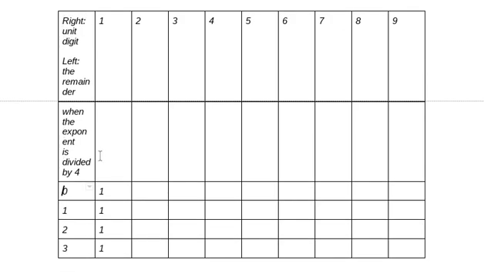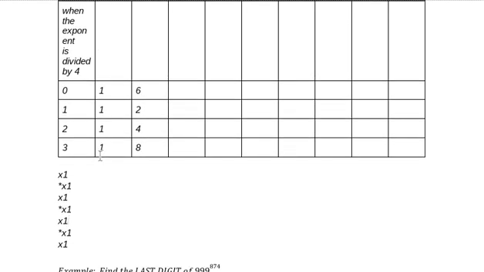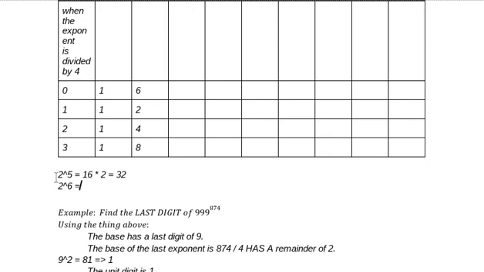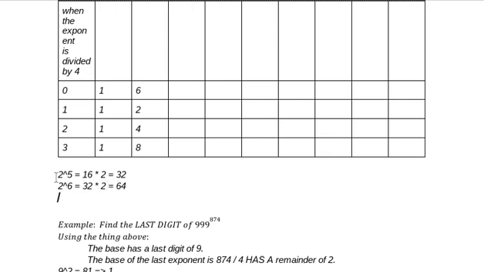And then for the exponent, we can talk about 2. 2 to the power of 1 is 2. 2 to the power of 2 is 4. 2 to the power of 3 is 8. 2 to the power of 4 is 16. 2 to the power of 5 is equal to 16 times 2, right? 32. 2 to the power of 6 is equal to 32 times 2, which is 64. 2 to the power of 7 is equal to 64 times 2, which is 128, right?